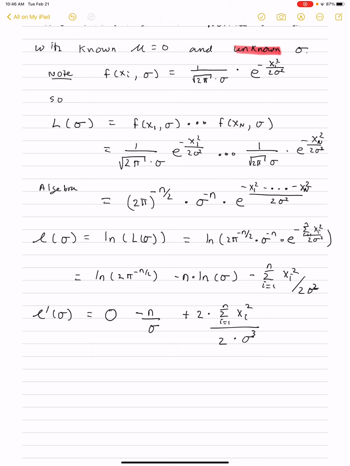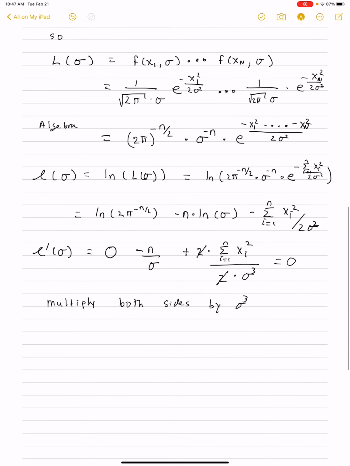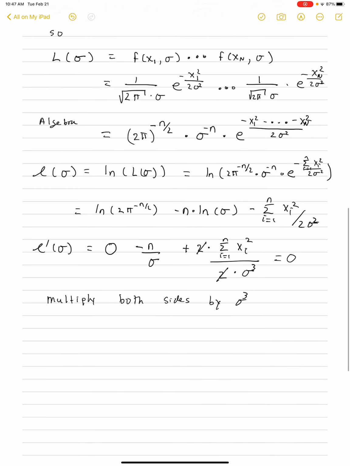Okay, so I set this equal to 0, and I try and solve for sigma. So multiply both sides by sigma cubed. And that will give us minus n times sigma squared.